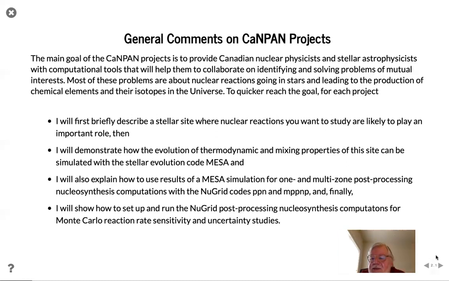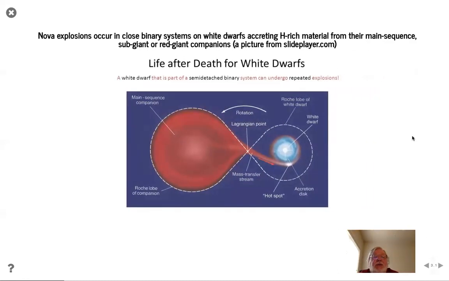This figure explains the stellar environment in which we know nova explosions occur. Nova explosions occur in close binary systems, on white dwarfs accreting hydrogen-rich material from their main sequence, subgiant or red giant branch companions.